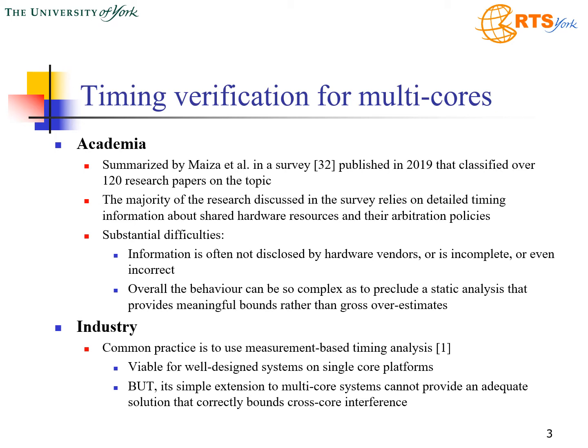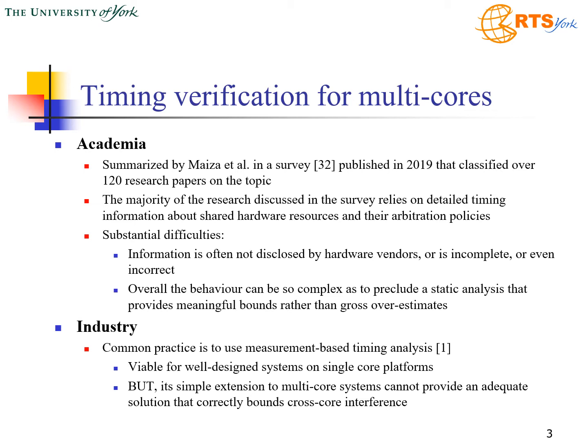The majority of the research discussed in the survey relies on detailed timing information about shared hardware resources and their arbitration policies. Unfortunately, there are substantial difficulties because information is often not disclosed by hardware vendors, or is incomplete, or even incorrect.